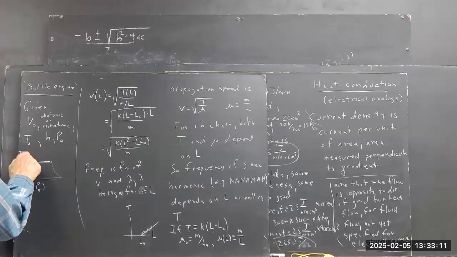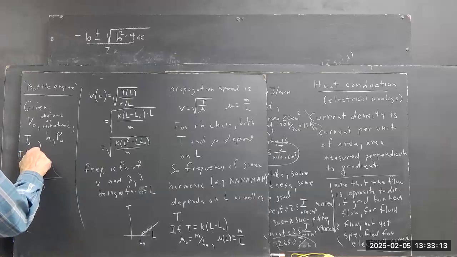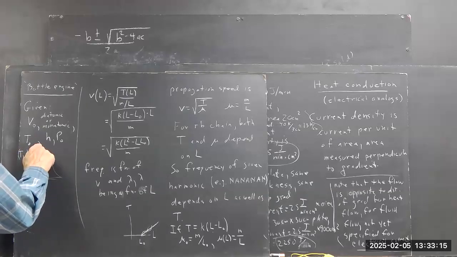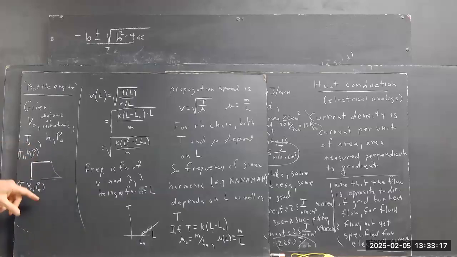And then we have T1, B1, P1, but P1 equals P naught, doesn't it? On a pressure versus volume diagram, the volume stays the same and your pressure stays the same.